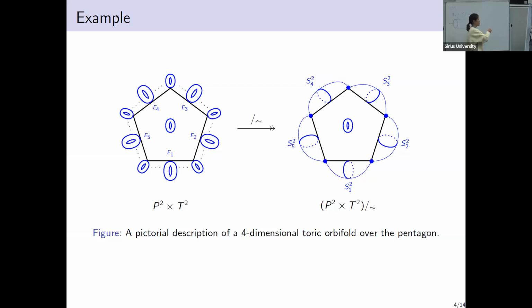All the tori attached to points in the interior will survive in the quotient space. But if the point lies in the interior of an edge, I quotient out a one-dimensional circle, which is generated by the characteristic vector. And if the point is exactly a vertex, I quotient out the whole torus to a point. So this is a picture to describe what a four-dimensional toric orbifold looks like.